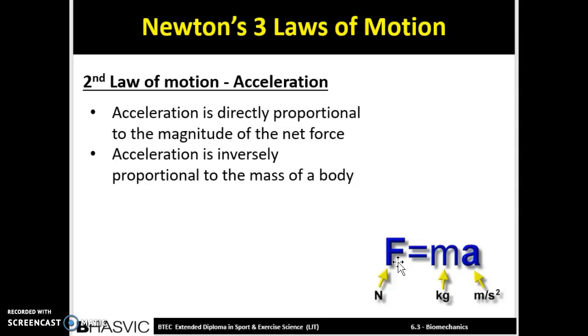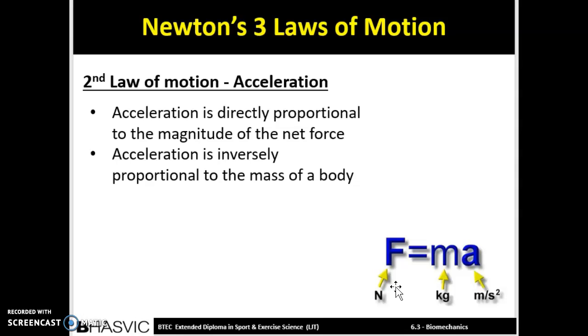This can be applied to basketball as a basketball sprint, so a fast counter-attacking play. A smaller, lighter performer with less mass, if they can produce the same amount of force as a much larger, heavier player in the opposing team, the smaller player would actually get to the ball first, as they would have a greater amount of acceleration, as both players' force is constant, meaning that the larger player would have a reduced amount of acceleration compared to that smaller player.